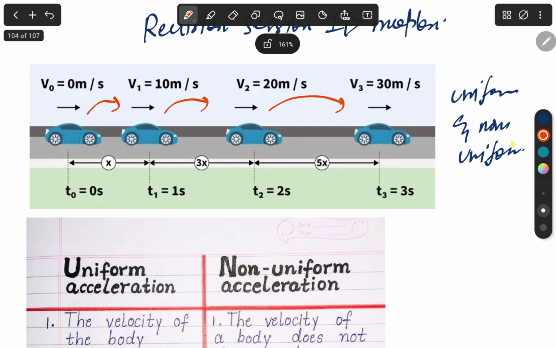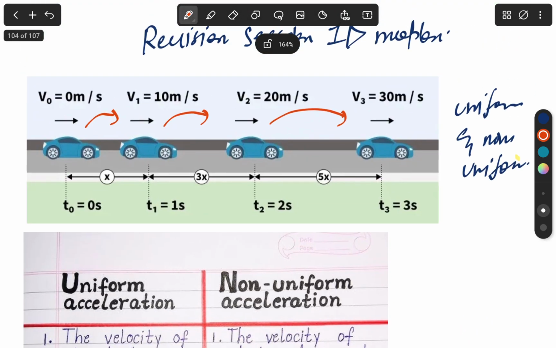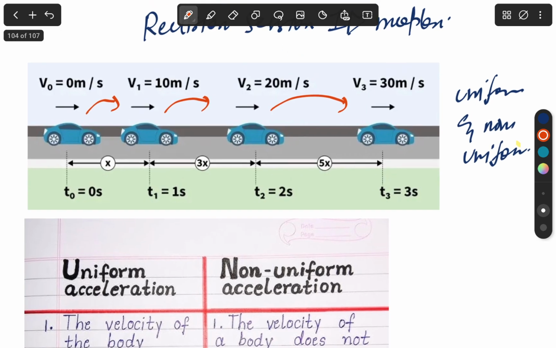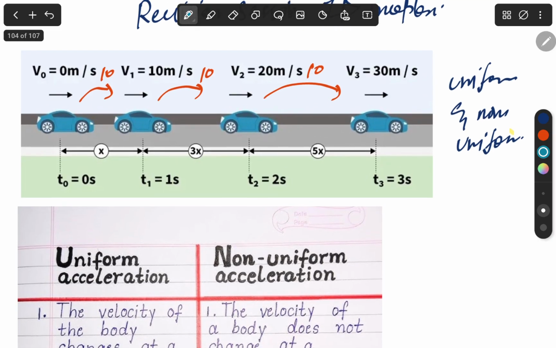In non-uniform motion, the velocity is going to increase by different amounts. For example, it increases by 10, then by 20, then by 50, then by 60, and the velocity can also decrease every second.